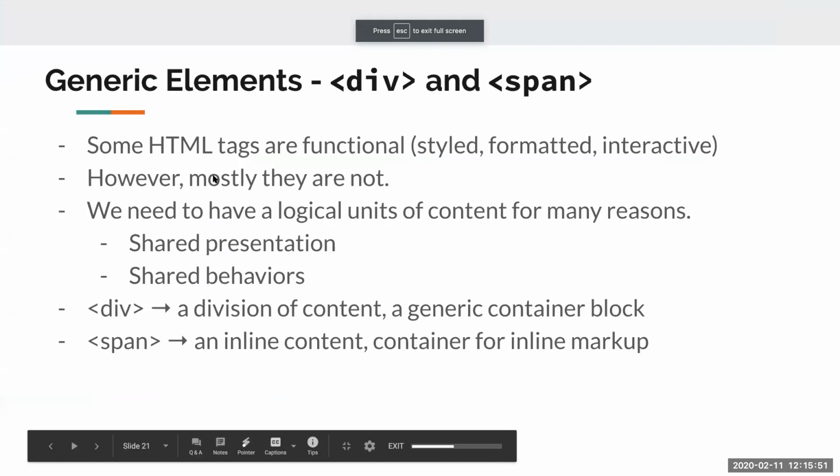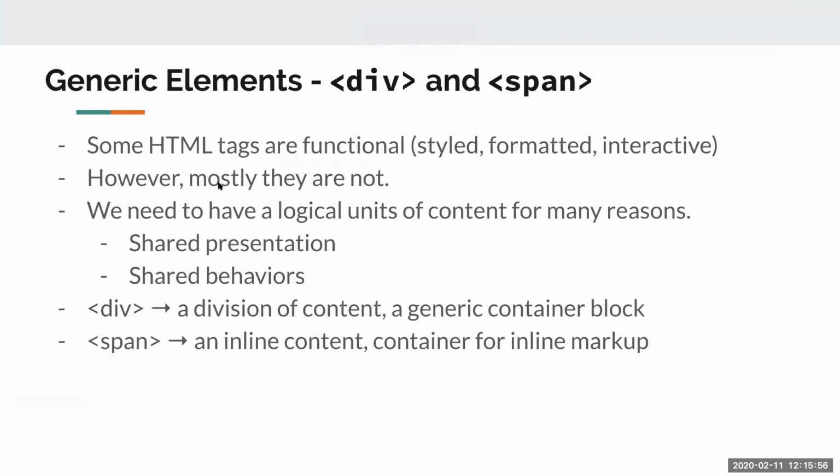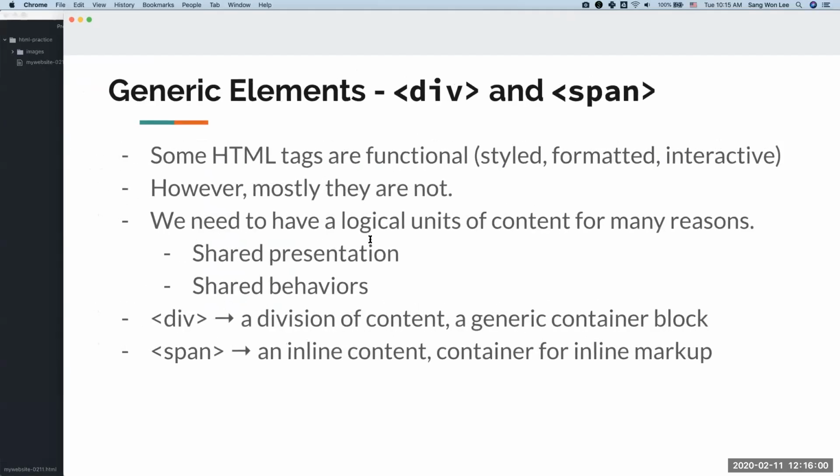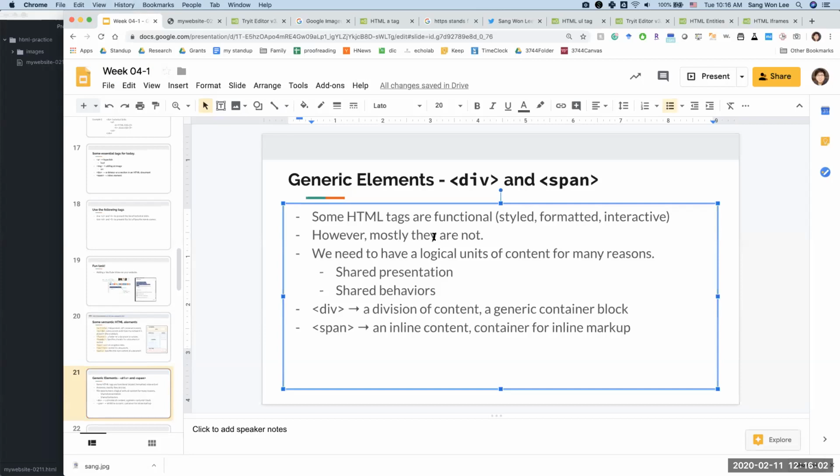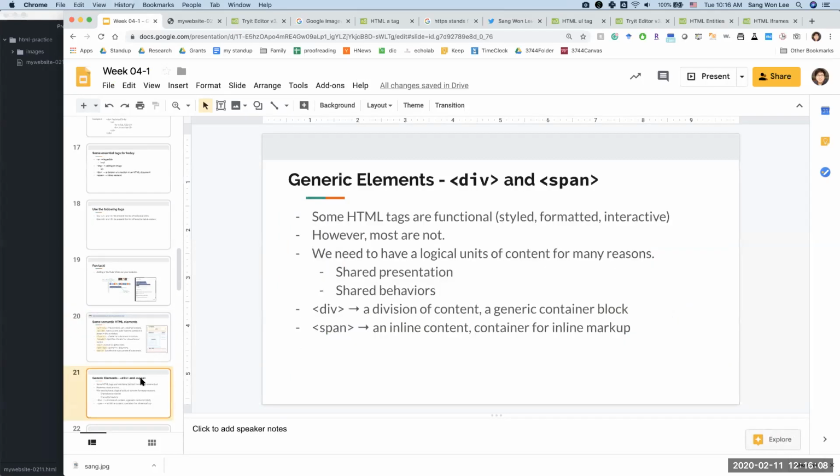So some HTML tags are functional, styled, formatted, interactive. However, most of them are not. Most are not, including div and span and all the semantic tags that we saw.